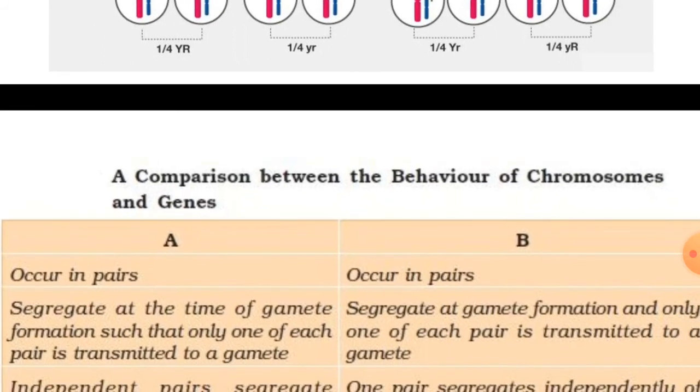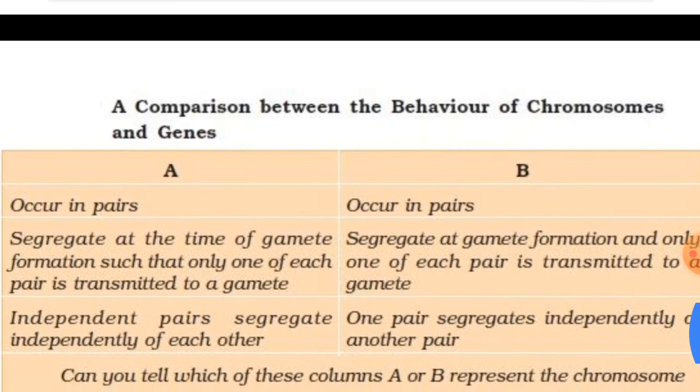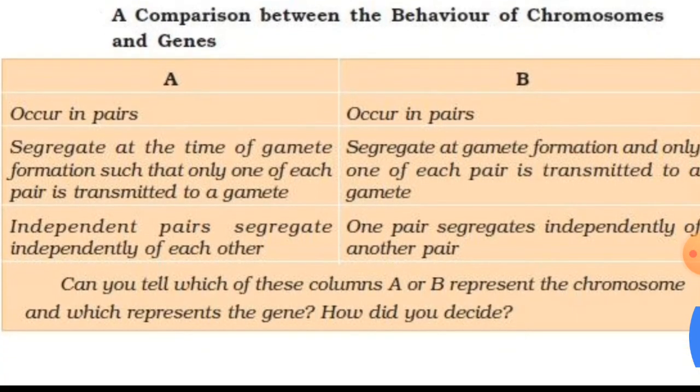So we can compare between the behavior of chromosomes and genes. Both occur in pairs, right? Now by going through this table, please decide from the A and B columns what represents the chromosome and which one represents the gene.